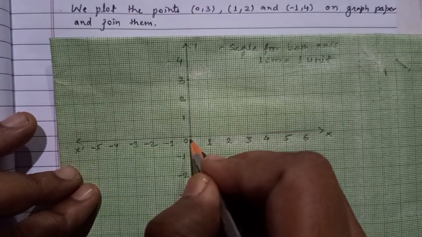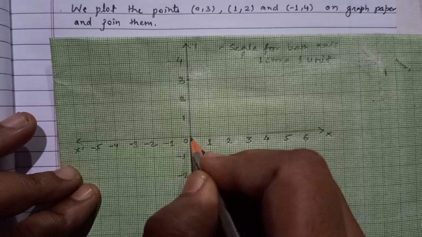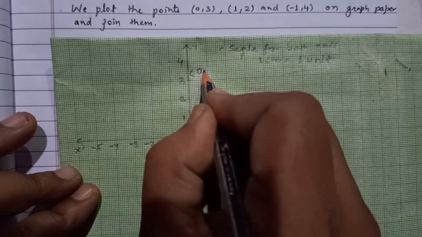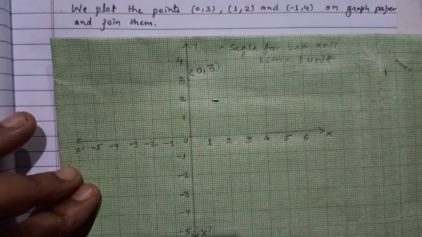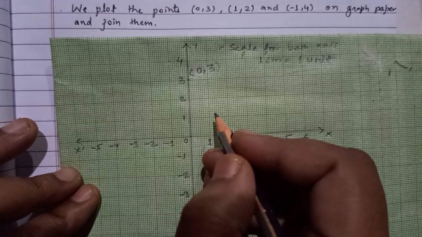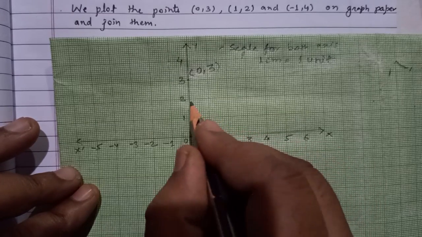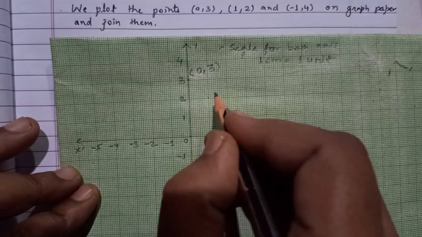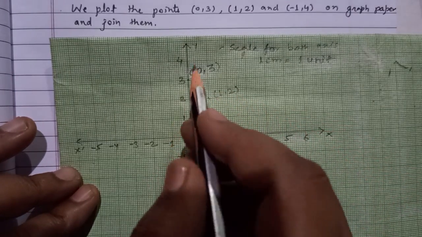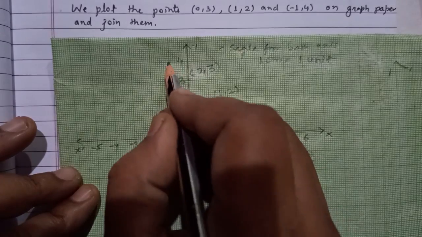First point is 0, 3: x coordinate 0, y coordinate 3. Second point is 1, 2: x coordinate 1, y coordinate 2. Third point is minus 1, 4: x coordinate minus 1, y coordinate 4.